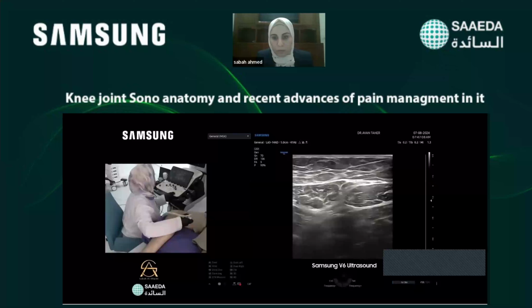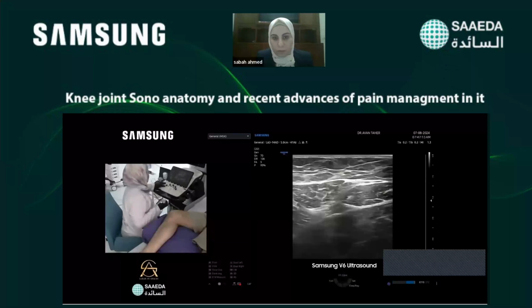Just beside this femoral artery is the main saphenous nerve. What appears here, this is the sartorius muscle, and this is the gracilis muscle.